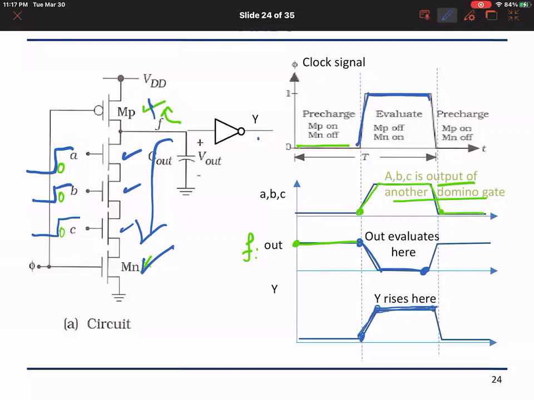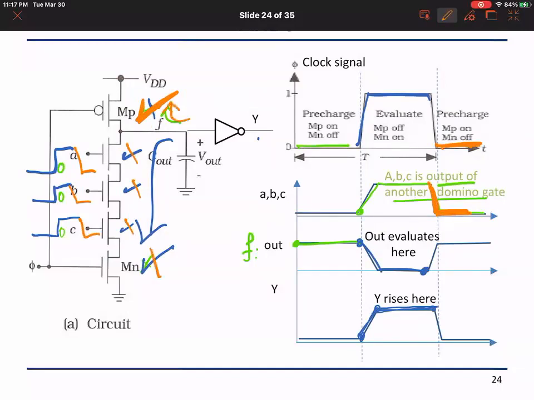Now what's going to happen is that we'll go to the pre-charge phase again. So this will be on. The inputs coming from another domino gate are going to drop, so this will turn off, and also the clock is low, so this will turn off.